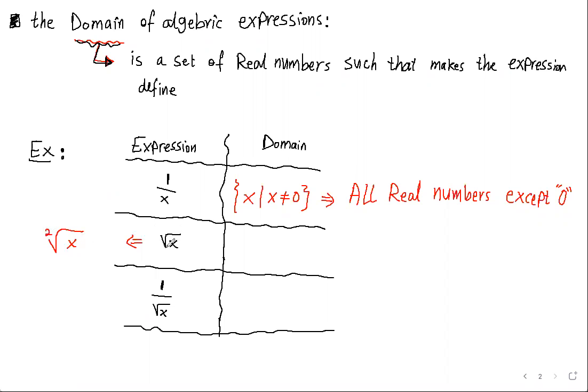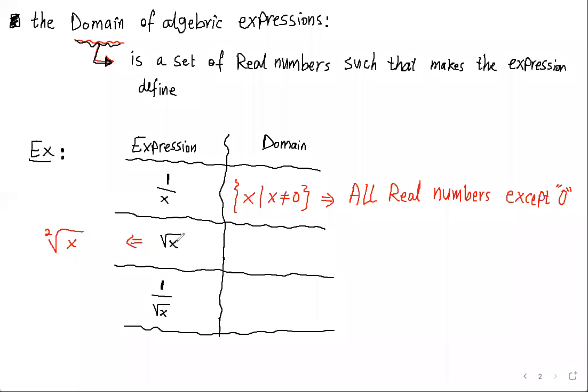Okay, let me go back to the question. Now the question is to find the domain. Find the set that it's possible to plug inside this expression such that it makes the expression defined. Can I plug the 0? Yes, I can. Why?